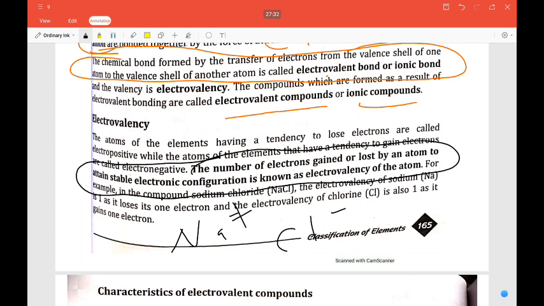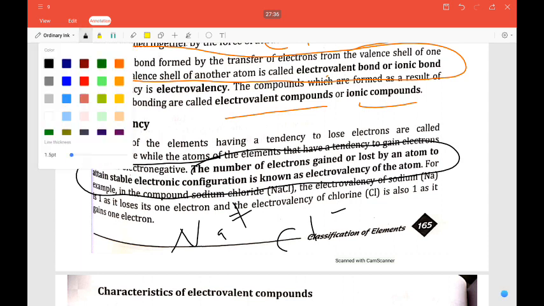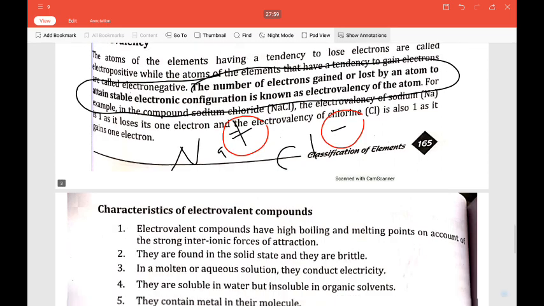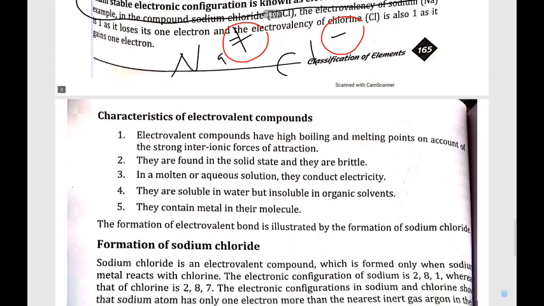Na plus is given, and plus means one plus is there. So the electrovalency of sodium is 1, and Cl minus is given. The electrovalency of chlorine is 1. So to know the electrovalency, we have to see the charge. Is that clear? I think it's much better and clear for you.